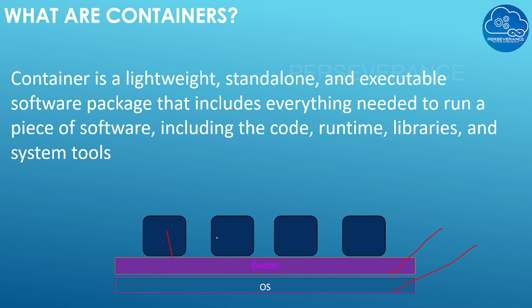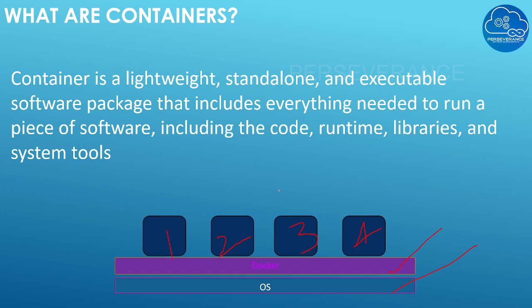This is container 1, 2, container 3, container 4. So we are running 4 different applications on a single Docker platform. I can run many containers on a single server because, as we discussed earlier, containers are very lightweight.